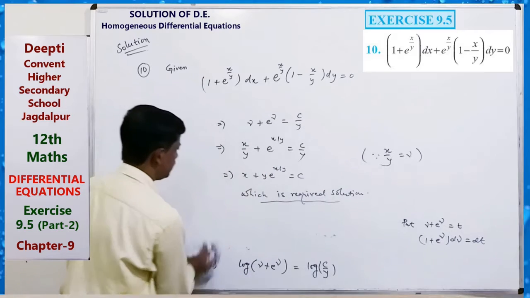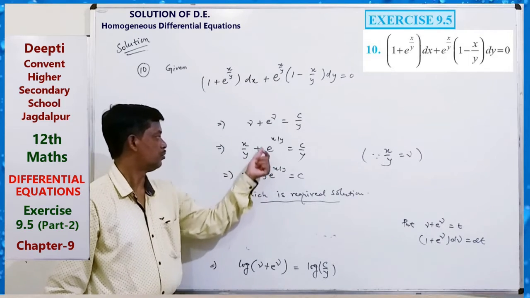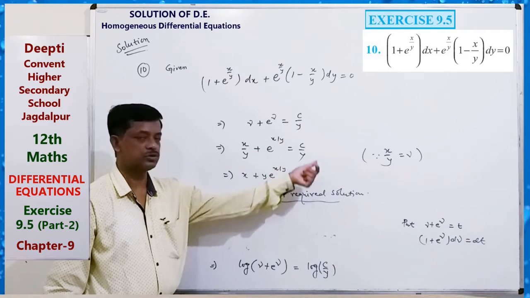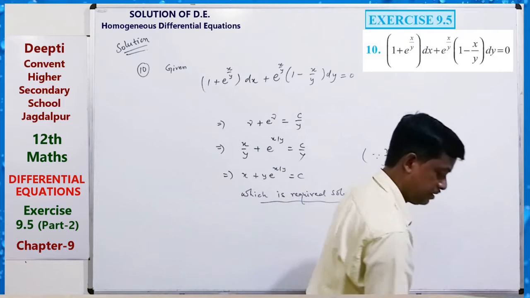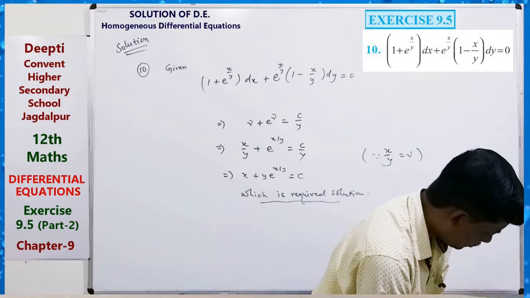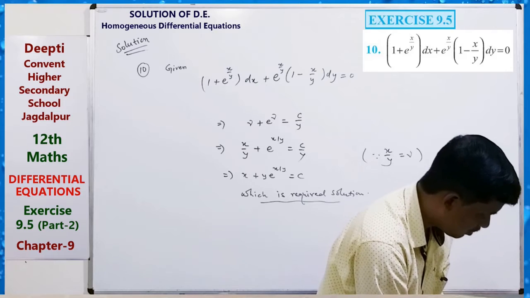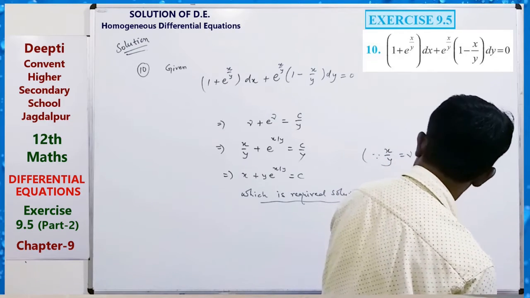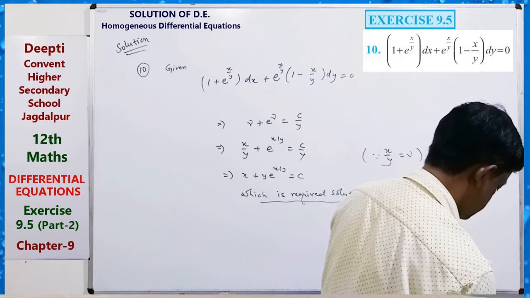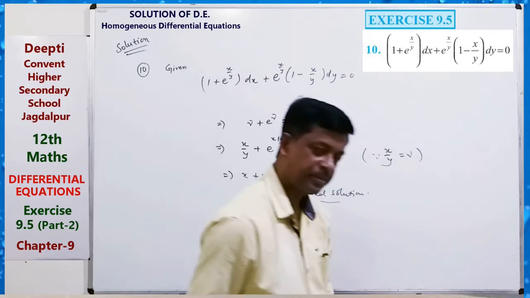Okay, here taking LCM, y goes to the other side, so x plus y e to the power x by y equals c. This is the solution of question 10. Clear?